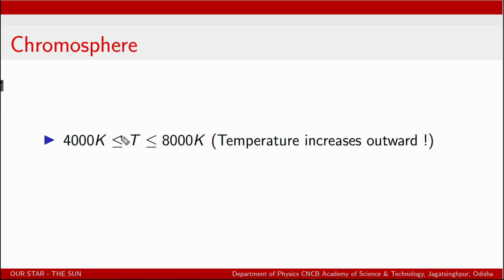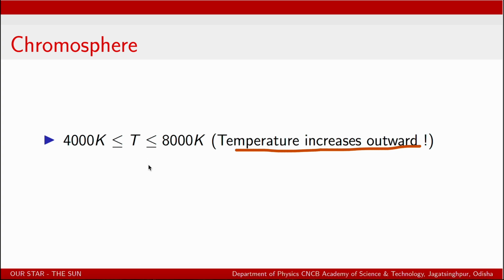This is remarkable because temperature increases outward. This is very counterintuitive. The reason for this is not very well known, and that's why we have probes like Parker Solar Probe up there trying to take measurements and make sense out of things.